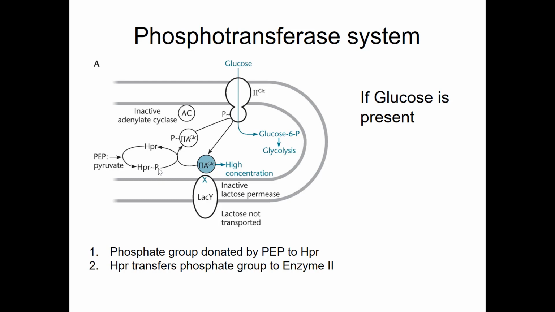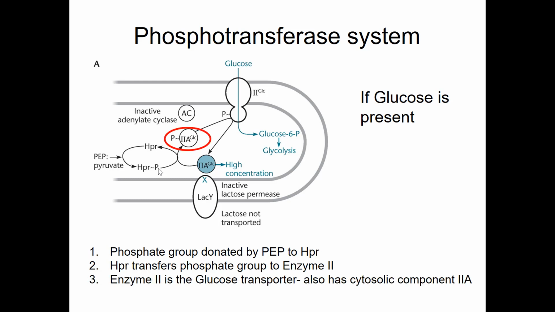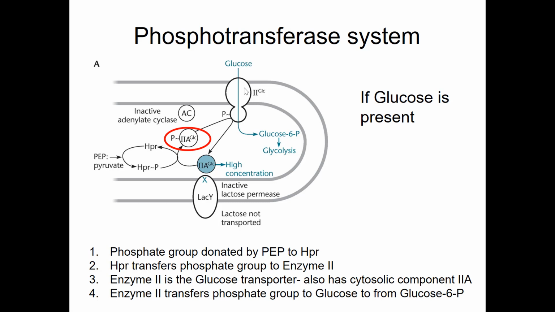HPr then is going to transfer that phosphate group to enzyme 2. Enzyme 2 is the glucose transporter, so you can see it here in the membrane. However, it also has a cytosolic component, enzyme 2A. So enzyme 2A can come interact with HPr, take the phosphate group from HPr phosphate, returning it to HPr, and then go back to the membrane to interact with the rest of the enzyme 2 transporter.